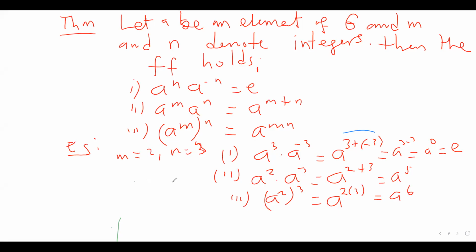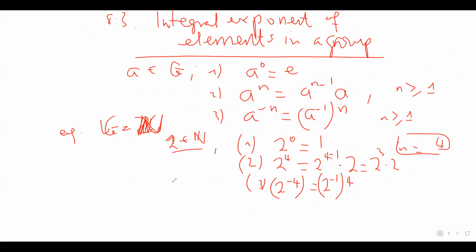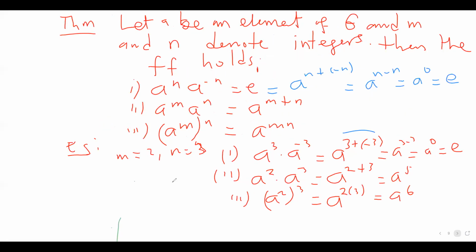Yeah, so of course, it's just a to the n plus minus n, which is a to the n minus n, which is a to the power 0, which is e. Of course, if you go back here, we already wrote this here, right? Okay. So we come back to the same point.